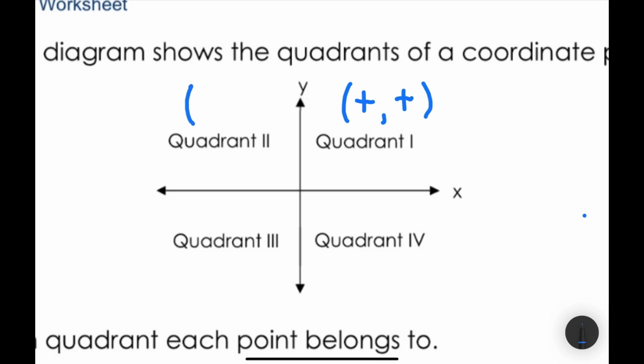In quadrant 2, the x value will be negative and the y value will be positive. In quadrant 3, the x value is negative and the y value is negative. Finally, in quadrant 4, our x value is positive and our y value will be negative.